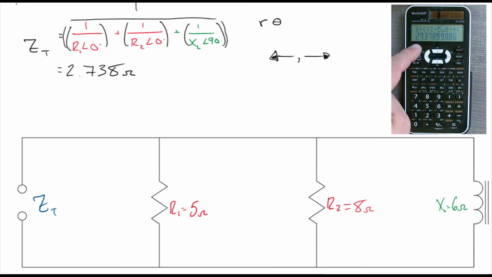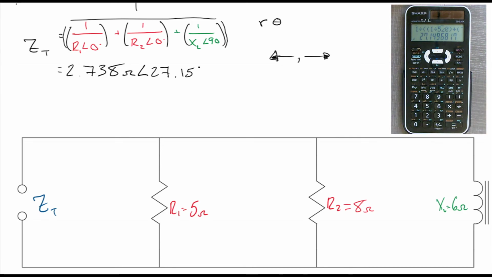If I hit second function, which allows me to use all of the extra components, and hit EXP, you'll notice I get my angle, and it shows you the little angle symbol. So I could actually say my impedance is 2.738 ohms at an angle of 27.1, let's just round it to 15 degrees. Nice and simple.